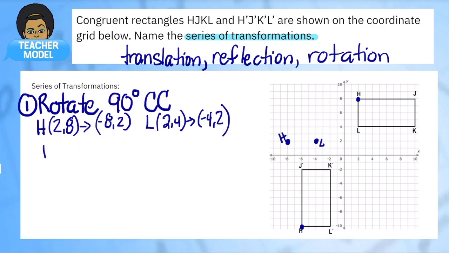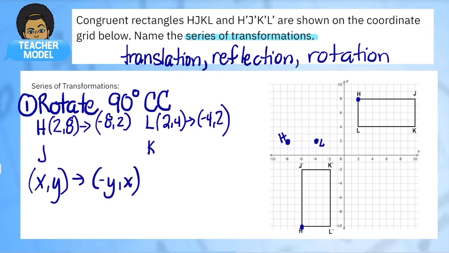Points are going to be, let's do J, and we're going to have K. In case you need to see it, here it is again, (-y, x). So they flip, and the first one is the opposite. And J is going to go from (10, 8) to (-8, 10).